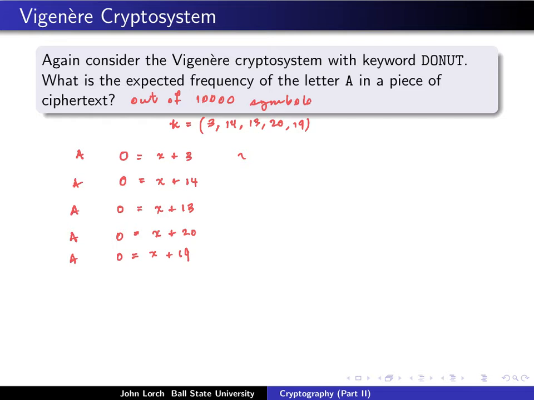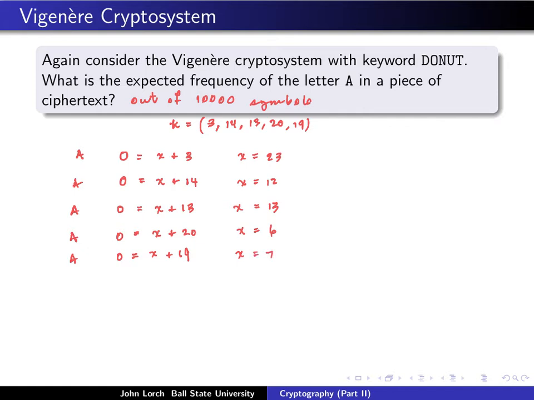So this first equation would say that x is 23. The second one would say that x is 12. The third one is x equals 13. Fourth, x equals 6. Right, 20 plus 6 is 26, which is equal to 0 in Z26. And finally, x equals 7.